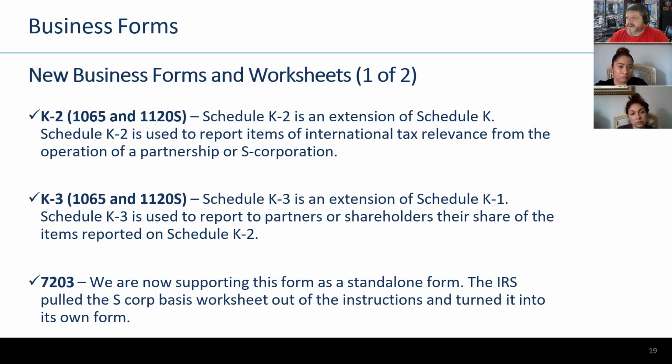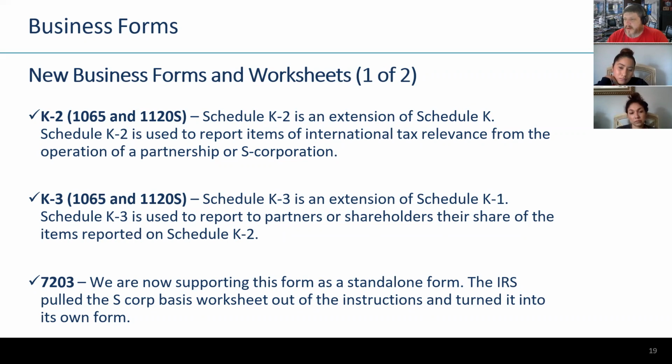Some new business forms. There's the K2, which is used to report items of international tax relevance. And then the K3 is used to report the partners' or shareholders' share of the items reported on the K2. 7203 is now a standalone form.